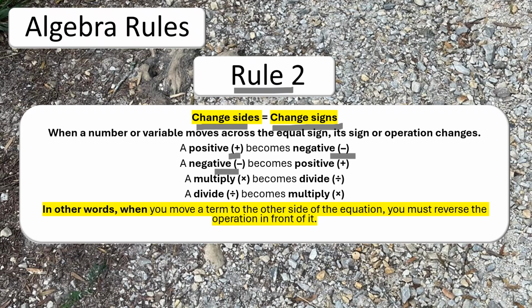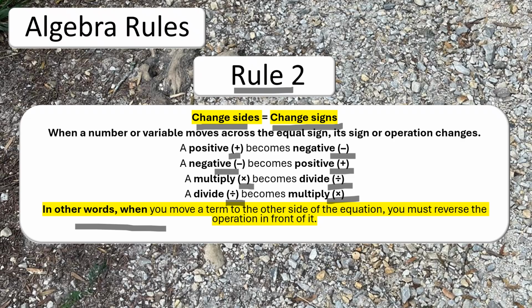A negative from the left-hand side to the right-hand side becomes a positive. It can also move from the right-hand side to the left-hand side. So if you cross the equal sign in the middle of the equation, the sign will change. Multiply becomes divide. Divide becomes multiply.